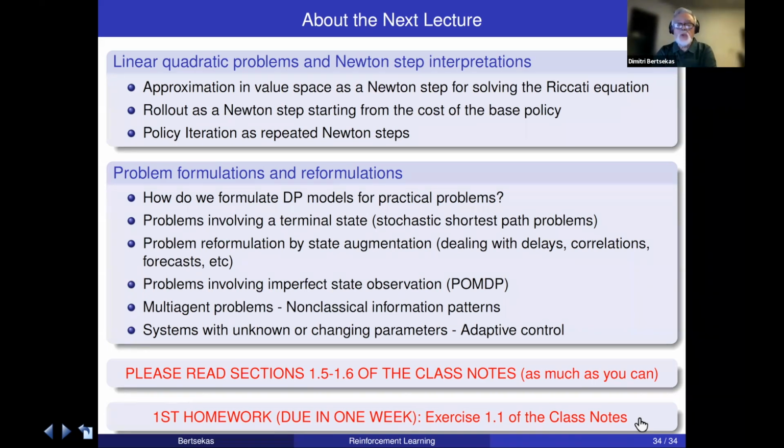Last time, I also noted the rules that govern the homework. You're free to collaborate, you're free to look at the solutions. However, you have to write your own solutions, and you have to write your own code and submit it to us to check that indeed you've done the work.